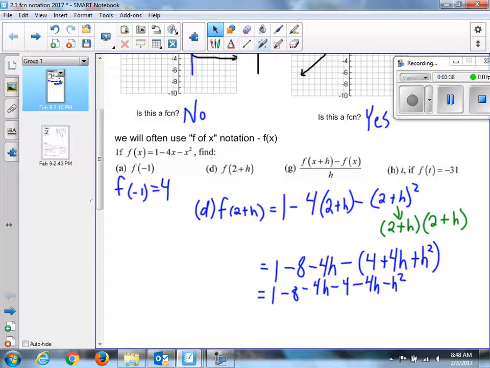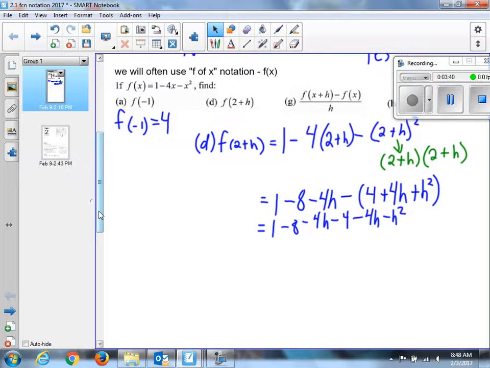Now I can group terms. Just because it makes some people feel better, I'll put the h squared term first. Minus h squared, minus 8h, minus 12 plus 1, 11. Oh, minus. Subtract 11.